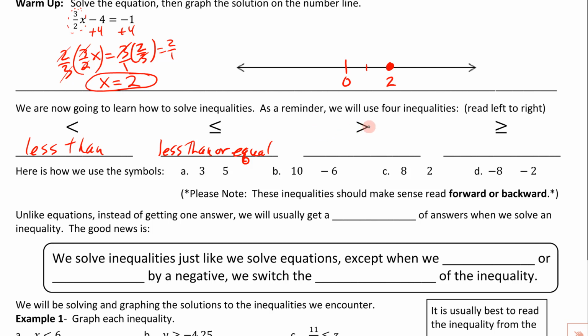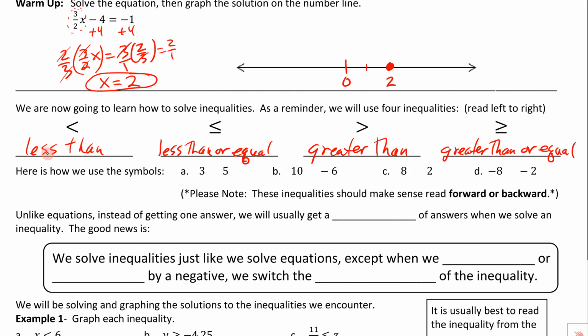So again, reading from left to right, this is a greater than. And this one has the equal on it, so this one is a greater than or equal. Okay? So greater or equal here, greater here, less than or equal, and then less than right here.